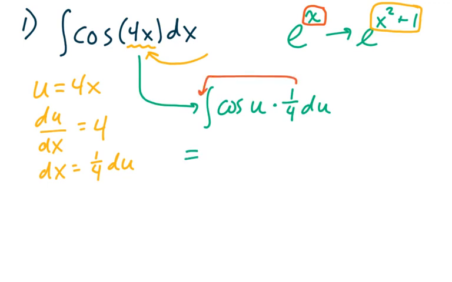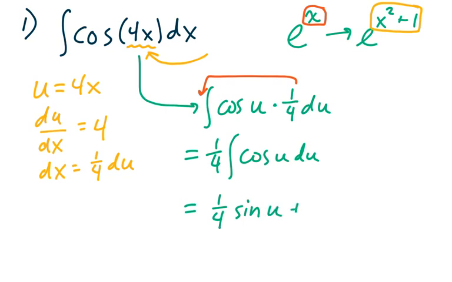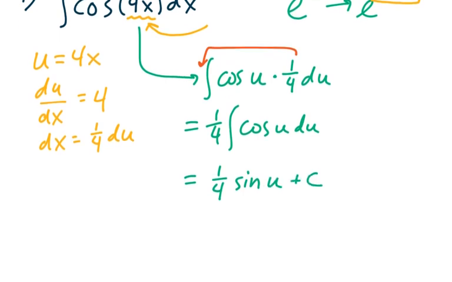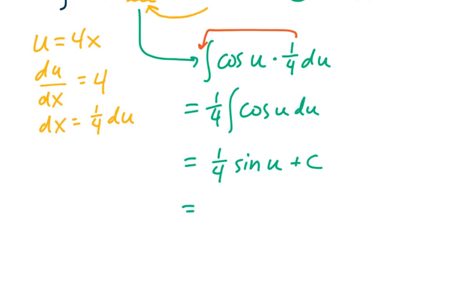And this becomes 1/4 the integral of cosine of u du. And we're set to go. How about the antiderivative of cosine? It is regular positive sine. Don't forget the plus c. And then again, the last step, let's just plug the x expression in that we used for u. How about 1/4 the sine of 4x plus c?